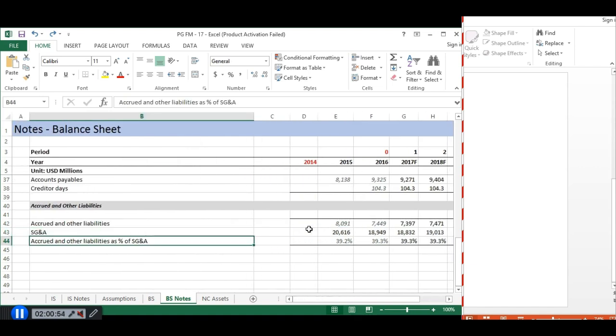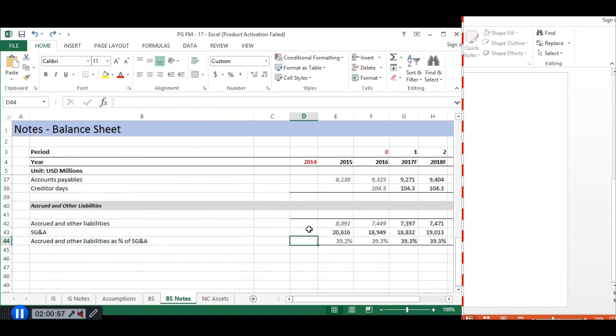If you find a significant difference in the percentage, for example 15, 20, 22, 24, then that would mean this is not an ideal way to forecast, and you will have to think of something else. But here the trend is very obvious.